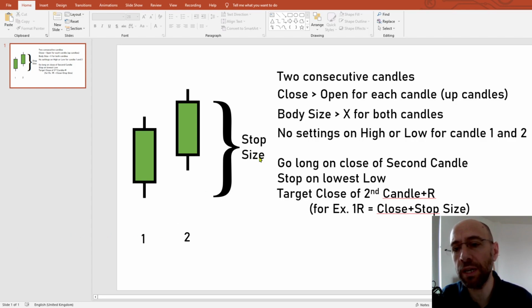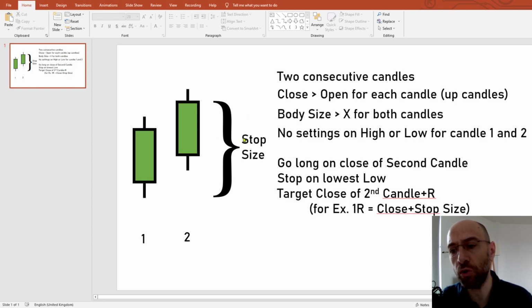So just to quickly give you some points on what this simple system is, before we look at how to calculate the results: we look at two consecutive candles, and we look for candles that have the close higher than the open for both candles, meaning basically that they're up candles. And then we put another requirement where the body size of the candle is at least greater than a given value, either in points or in percentage. We'll go over it when we're actually looking at real numbers.